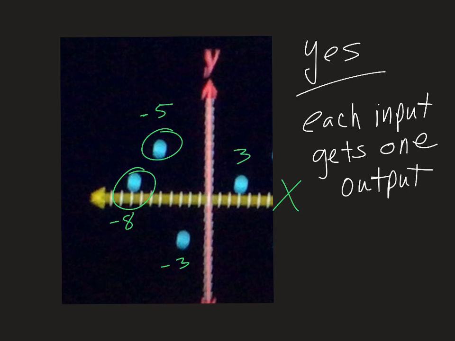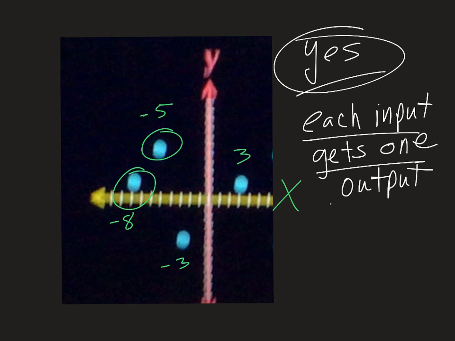Personally, I feel like the easier thing to say is that all the inputs are different, which is why we've talked about that in class. But this is like the Algebra 2 way, which will be explained at a later date why they use this reasoning. So each input gets one output. So either you need to say, if it's multiple choice, that you have an input that has two or more outputs, or each input gets one output.